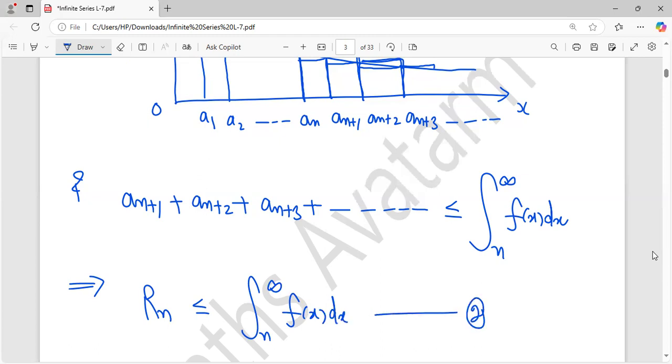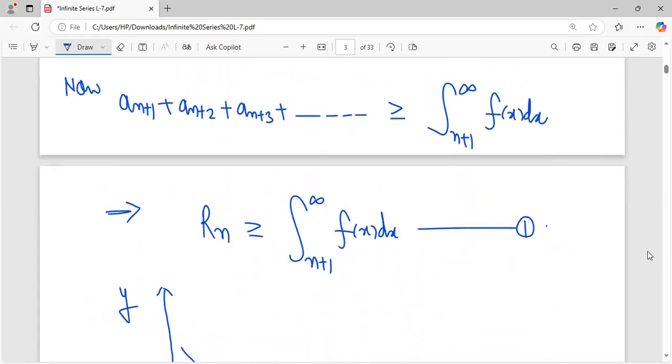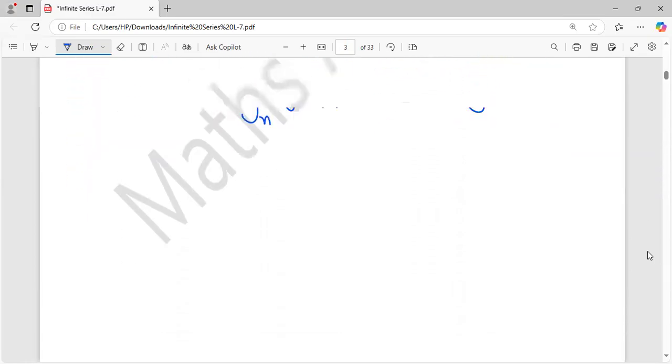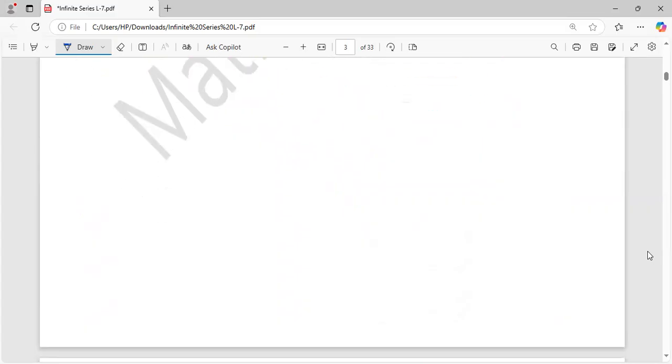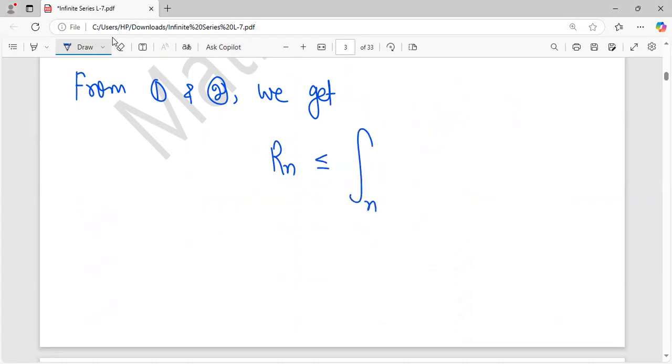Now, from 1 and 2, what do we get? R_n is less than, by 2 we have this one.